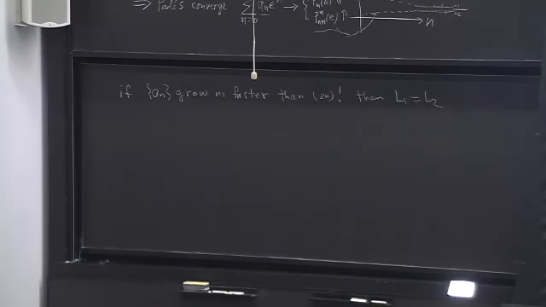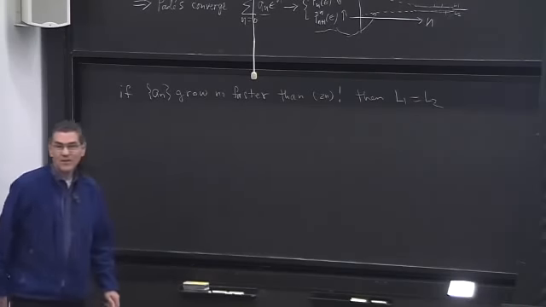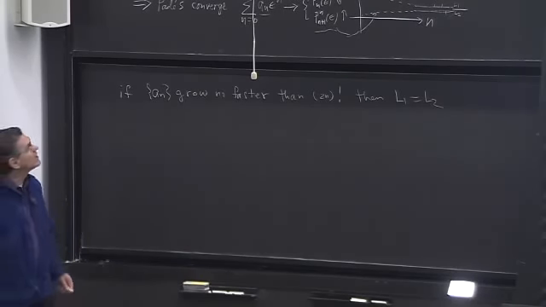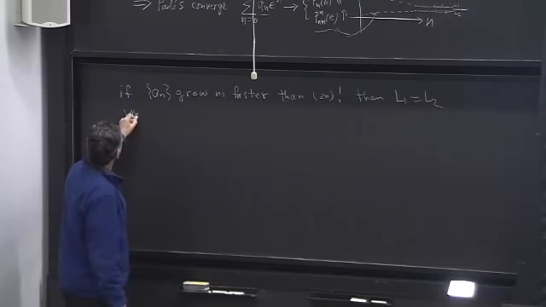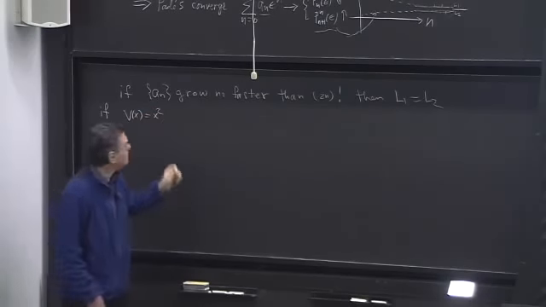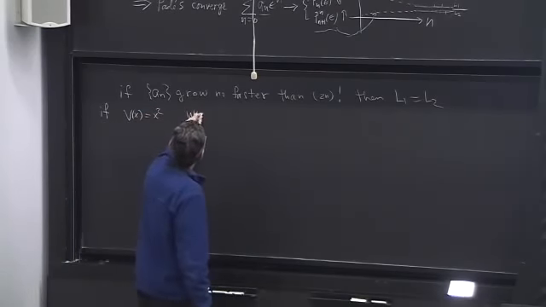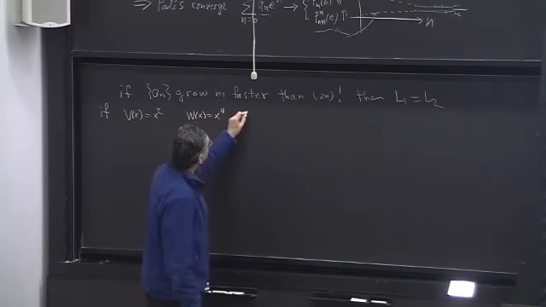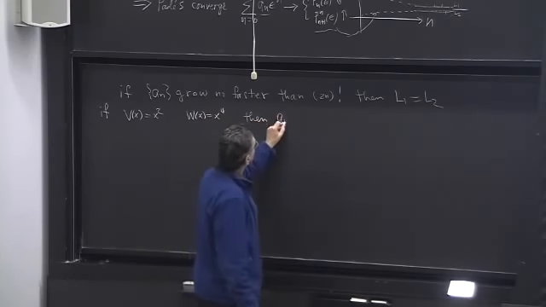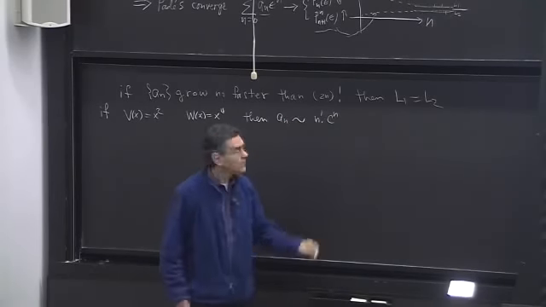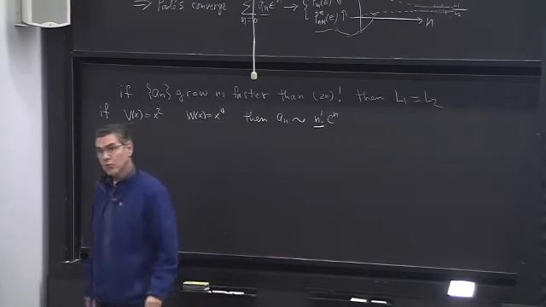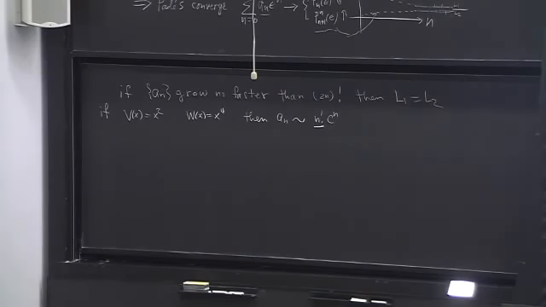Okay? And interestingly, if v of x is just, say, x squared, and w of x is x to the fourth, then a sub n grows like n factorial times a constant to the n. So it's the n factorial that's important. And the question is, why does it grow like n factorial?